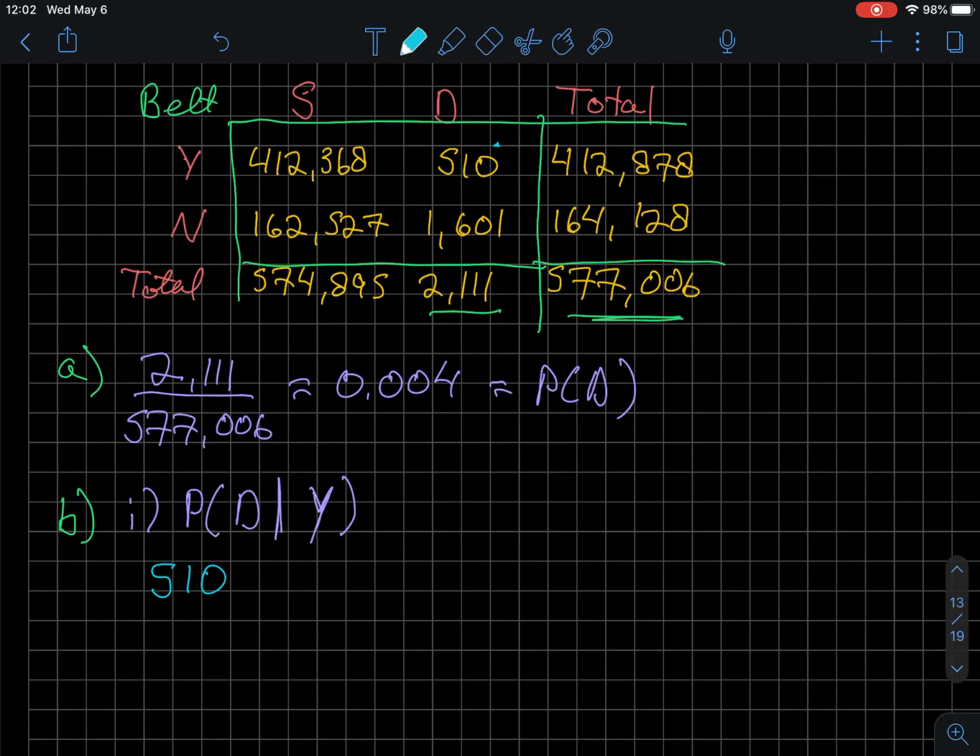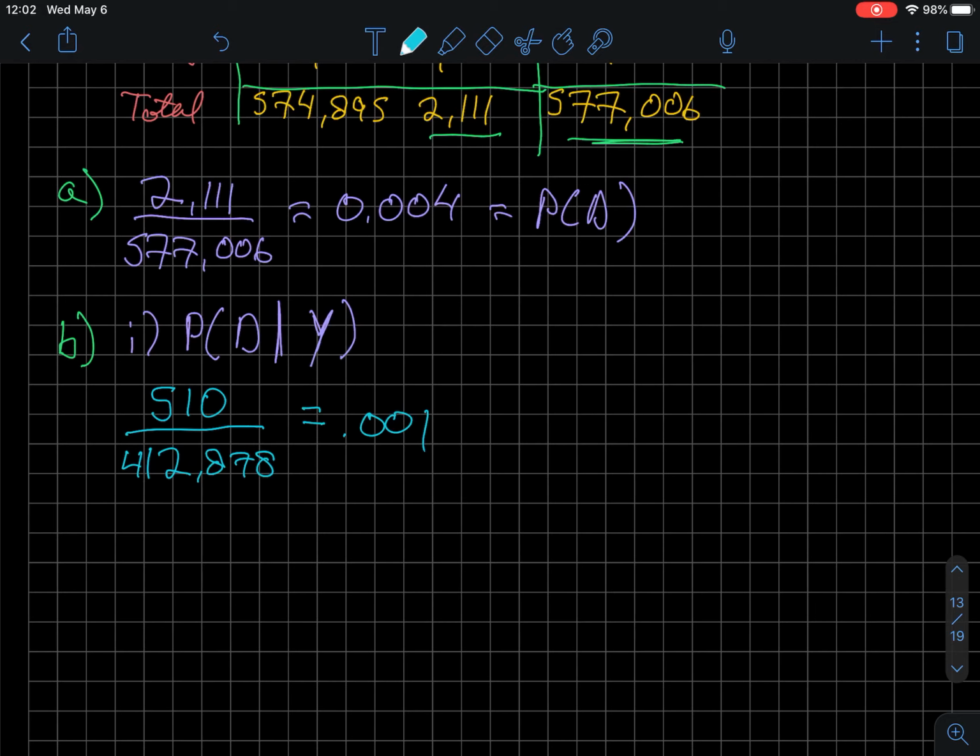And we're going to figure that out of the total of events, so people who were wearing the seatbelt total were 412,878. So we would divide 510 by 412,878. I got those numbers here and here, right? So that's how I was figuring out that one. And this is going to equal about 0.001.